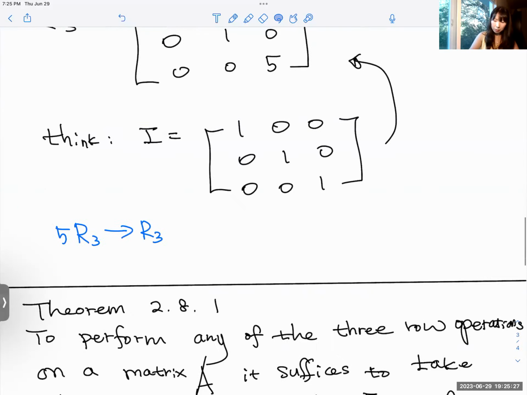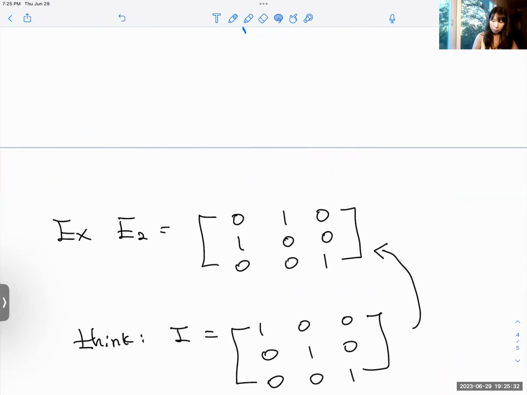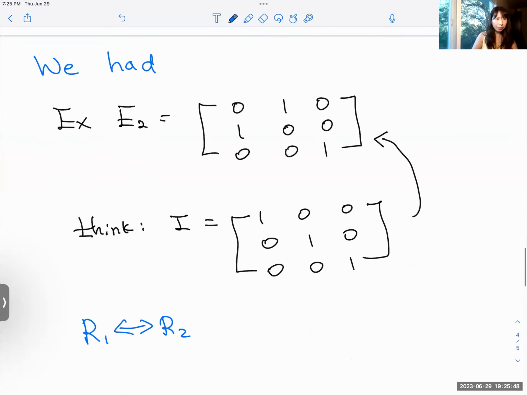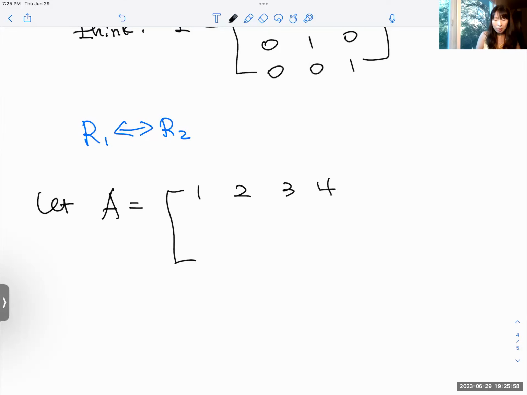We had... All right, now we have A: 1, 2, 3, 4, 5, 6, 7, 8, 9, 10, 11, 12.